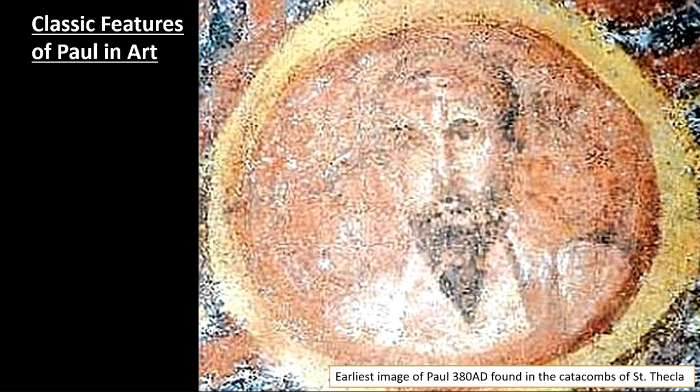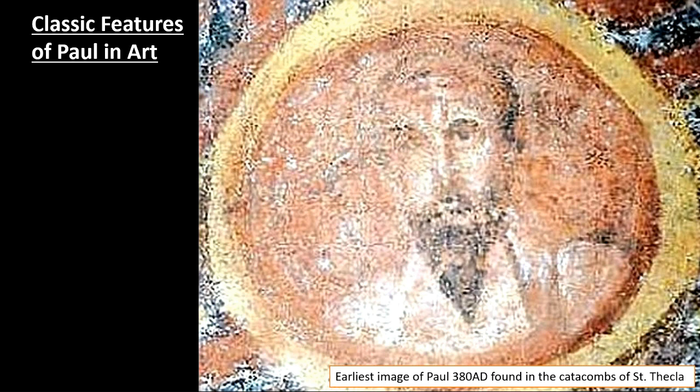There's a place in Rome called the Catacombs of Saint Thecla, and they used a laser technique to remove calcium from the walls, and underneath that layer they found early images, earlier than anything yet found, of the apostles and Paul. Specifically, this one is a fresco, which means that color was embedded into the wall and pressed.